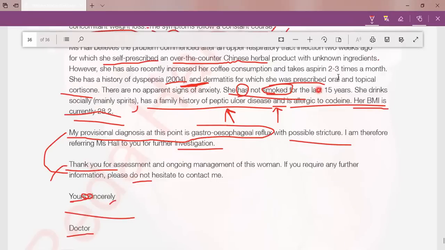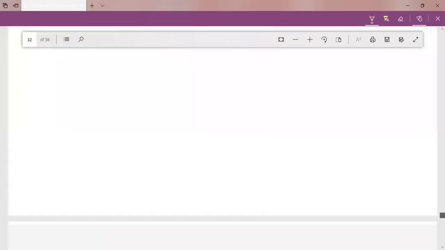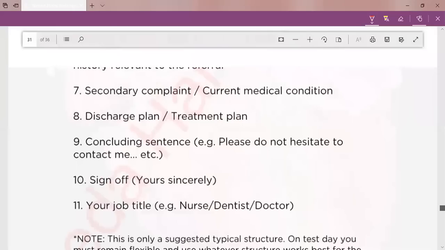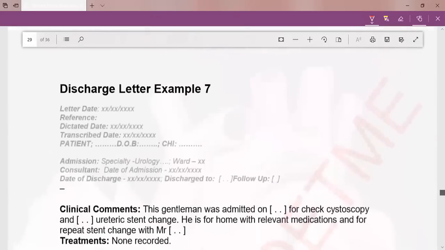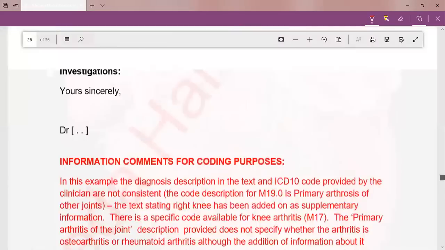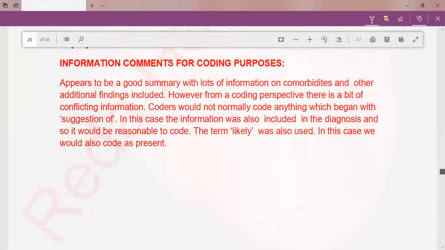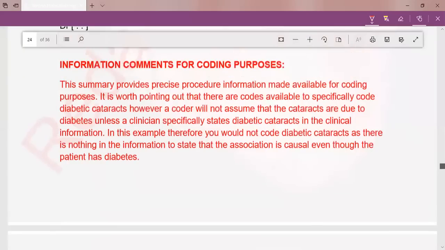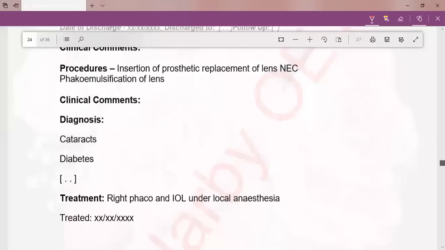I will now leave this to come to the discharge letter. So don't worry about which should be selected or dropped. As much as you see this is not appropriate or not necessary for the recipient to know, drop it.